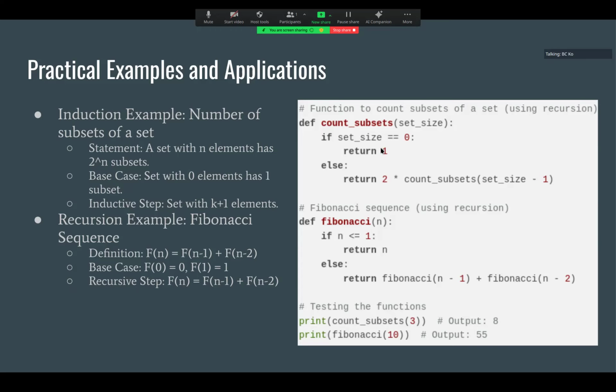We have a base case of set size 0 returning 1. For any other size, the function returns twice the count of subsets of the set with one less element. And we have a Fibonacci function that demonstrates the recursive computation of Fibonacci numbers, as well as the base case. If n is less than or equal to 1, it returns n, which is either 0 or 1.